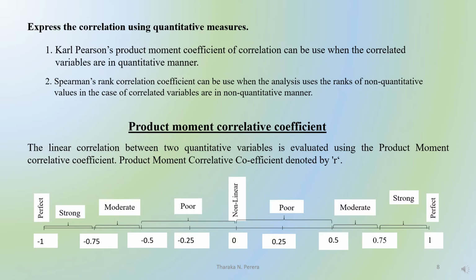If the sign is negative, it is a negative poor relationship, and if the sign is positive, a positive poor relationship. If r equals 0, there is no linear correlation. It may have a non-linear correlation, but there is no linear correlation.